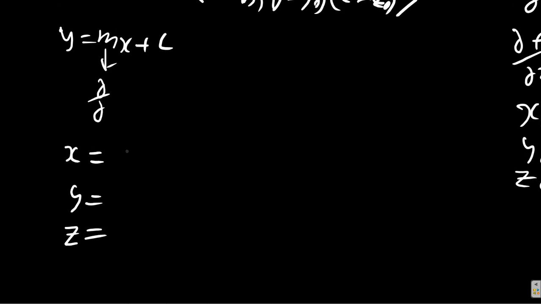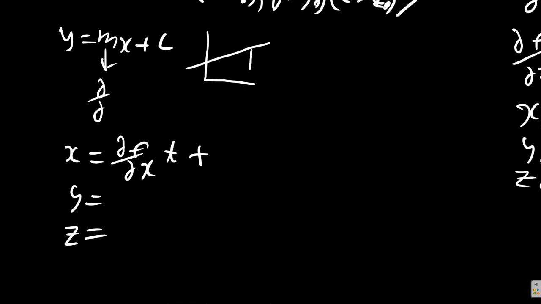X equals delta f by delta x, that's the gradient, times the new variable t plus that constant. Now remember from maths before, you remember that the gradient is the rise over run.